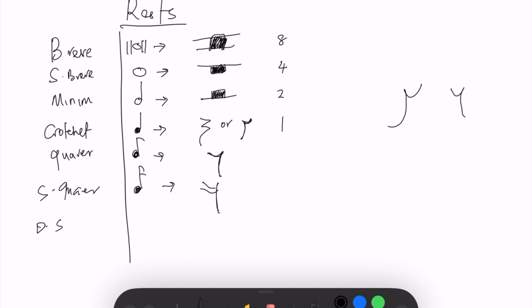The demisemiquaver, we have 3 flags. The rest symbol will also have 3 flags.